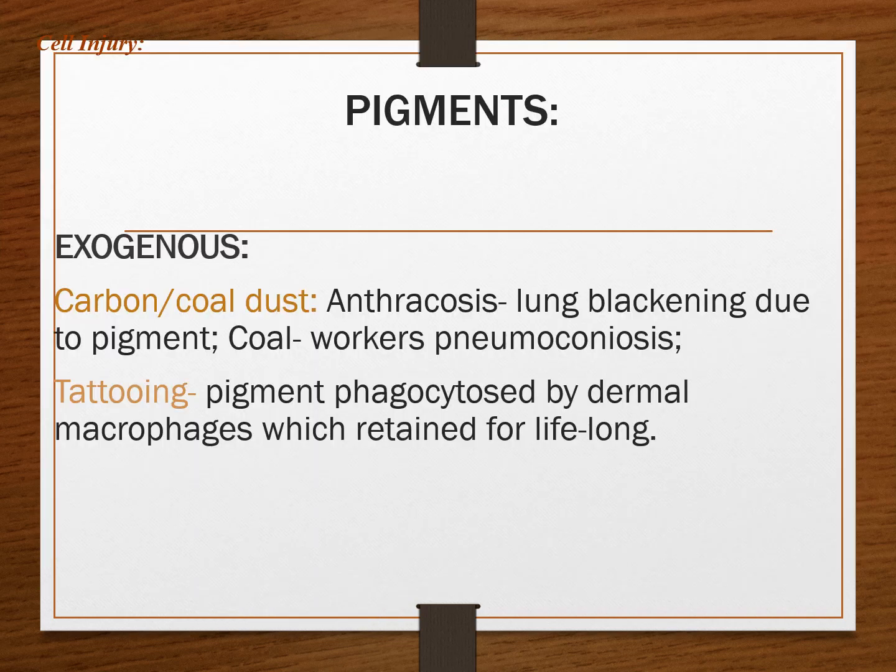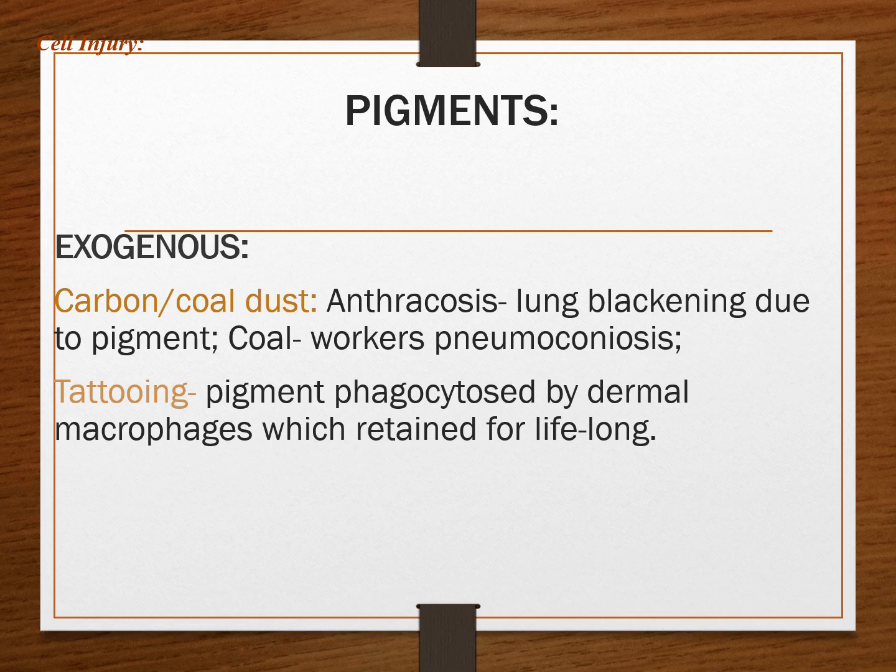Now coming to pigments. Pigments can be exogenous pigments or endogenous pigments. So exogenous pigments: carbon or coal dust deposition is called anthracosis. Anthracosis lung.